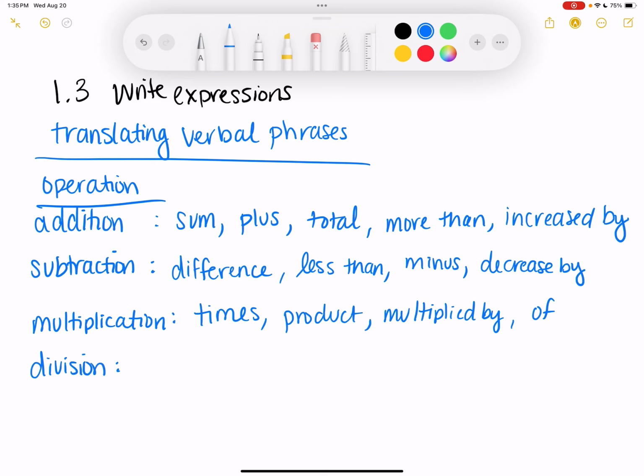Words like quotient, divided by, or divided into. That one's not quite as common, but divided by is usually what we hear. And sometimes they'll pair multiple of these things together as well.